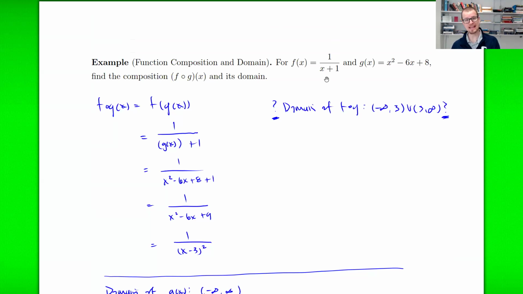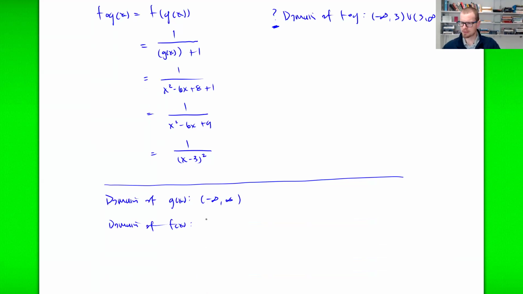It's pretty clear that I can't plug in -1. -1 plus 1 would cause division by 0. So I'm just going to state that. The domain of f of x is from negative infinity up to -1, and then from -1 up to infinity. We've just plucked out that single point of -1.